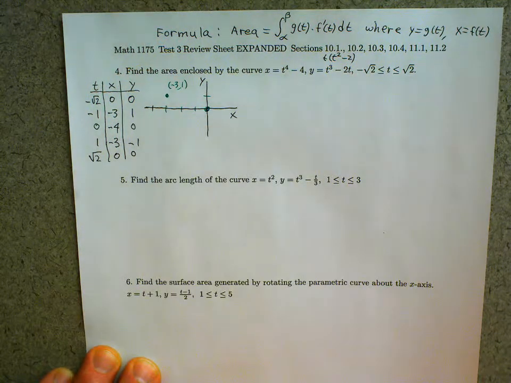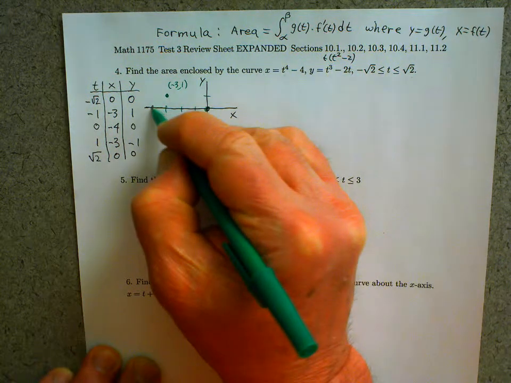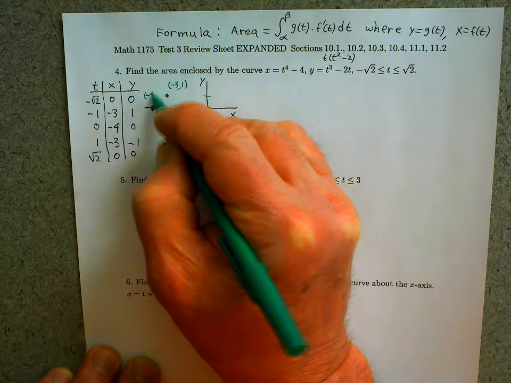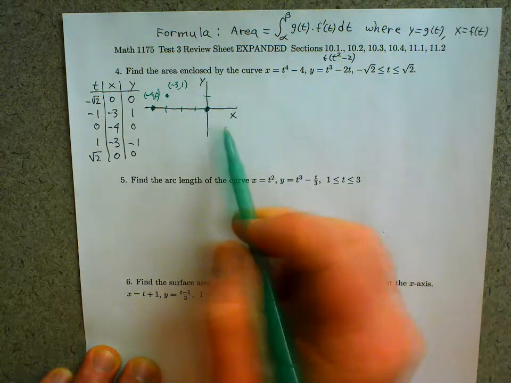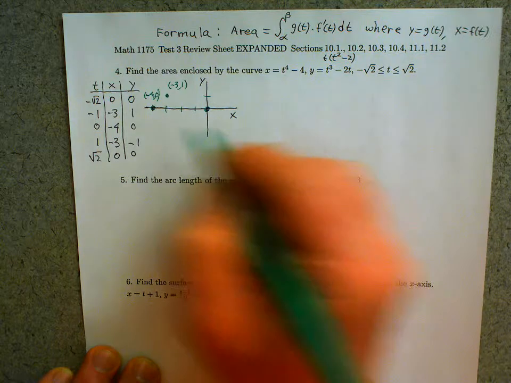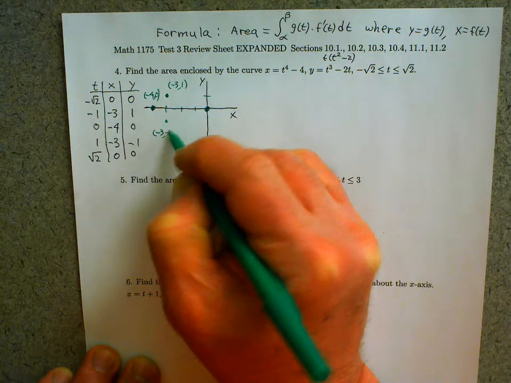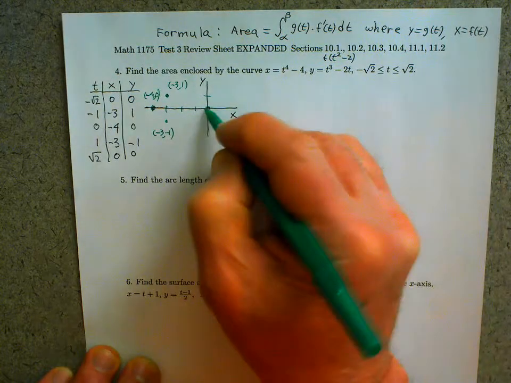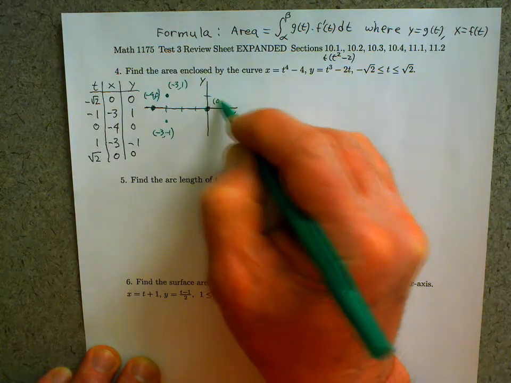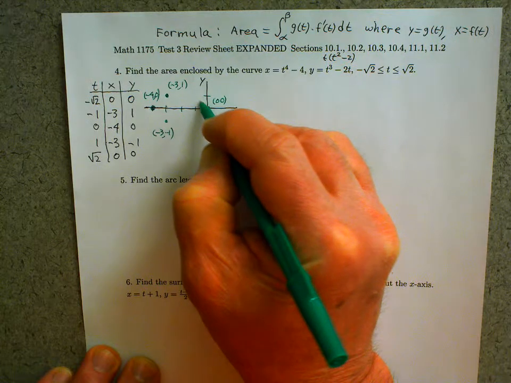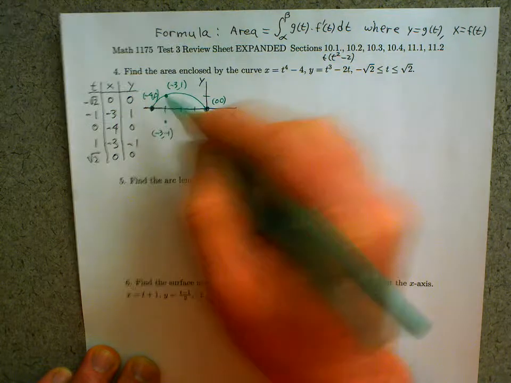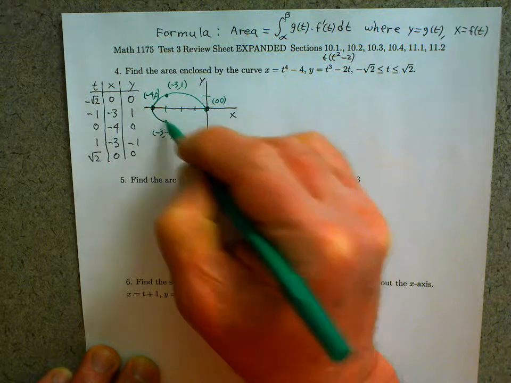Then we get negative 4, 0. Then negative 3, negative 1. And then finally 0, 0 again. So the curve is traced out counterclockwise.